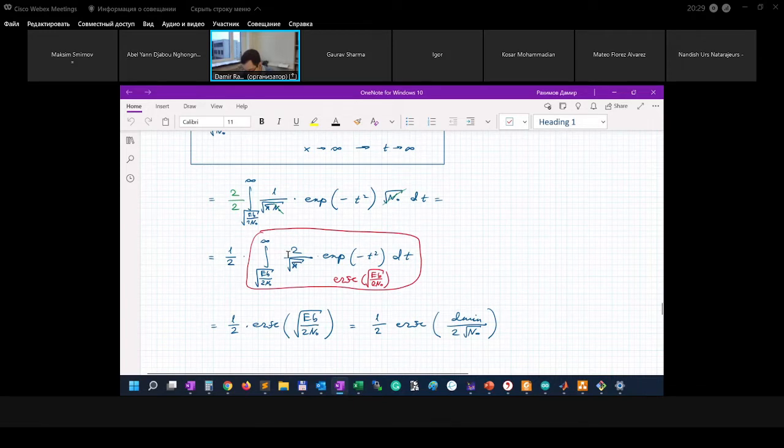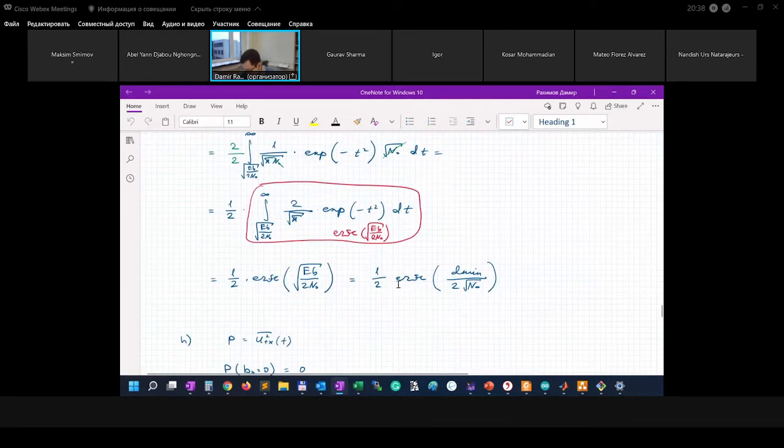Because you cannot calculate this integral analytically, instead we use a complementary error function. And we see that probability of error depends on the value of minimum distance and variance of noise. What actually makes sense is that if you have smaller minimum distance, then probability of error will be higher. And vice versa, if you have larger noise, it also will be higher.